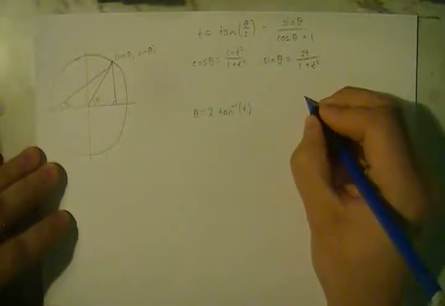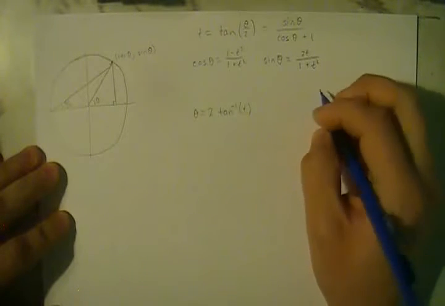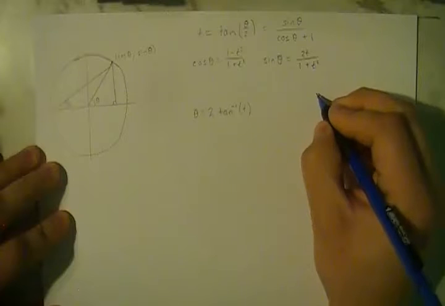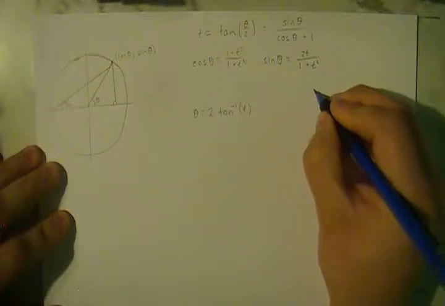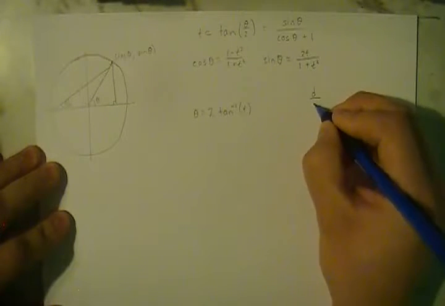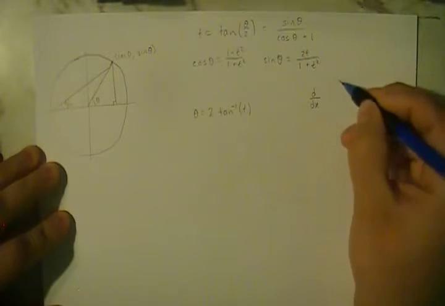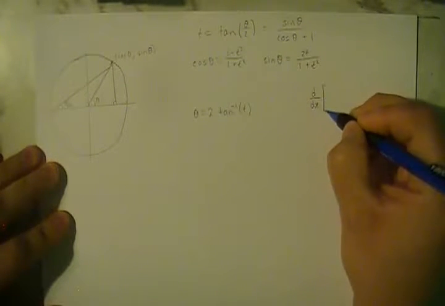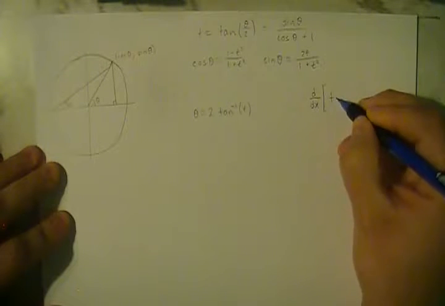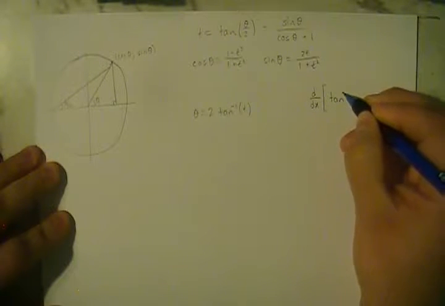A prerequisite here is that we're going to need to know how to differentiate the inverse tangent function. I'm just going to write this over on the side, and I can show this as well in another video.